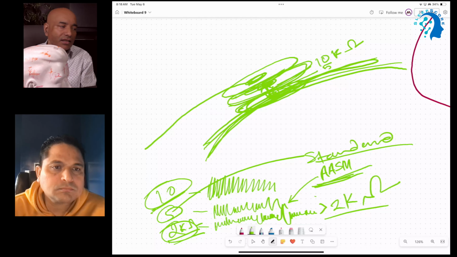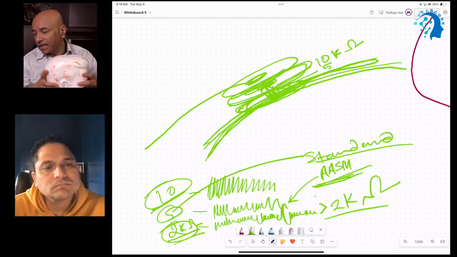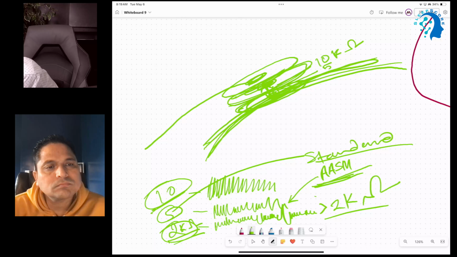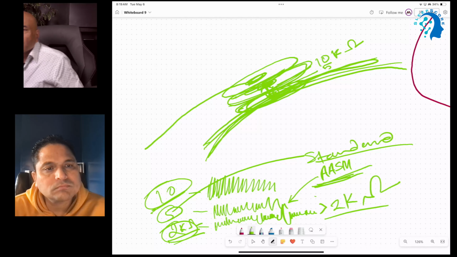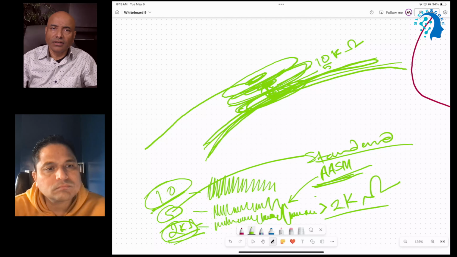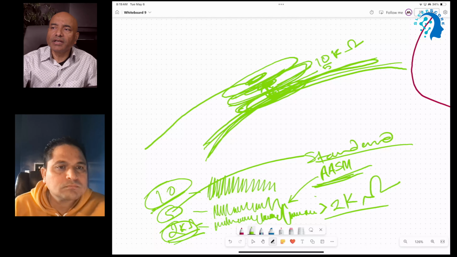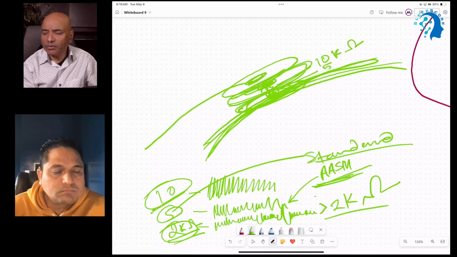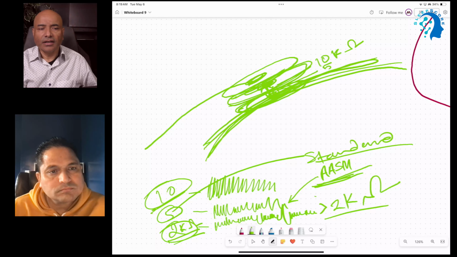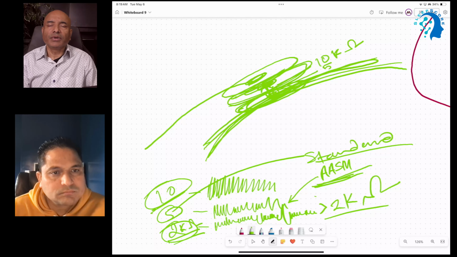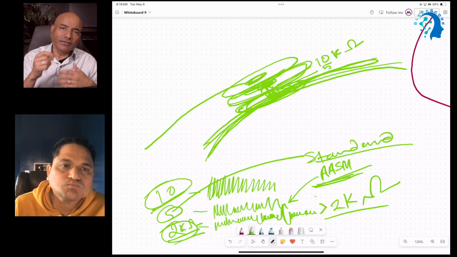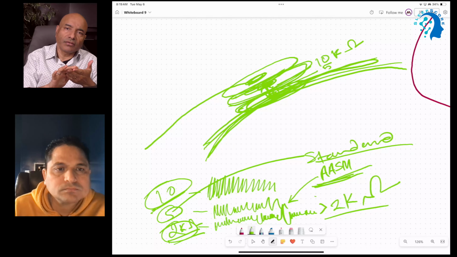And when you check the impedance, it comes really clean. It comes like less than 2. Not that difficult to get less than 2. I always get less than 2, no problem. But sometimes we have 2 patients, 3 patients, and it is difficult because we don't have enough time to keep rubbing and scrubbing.